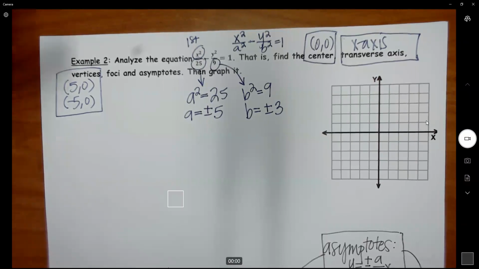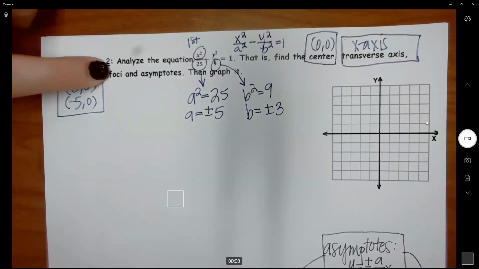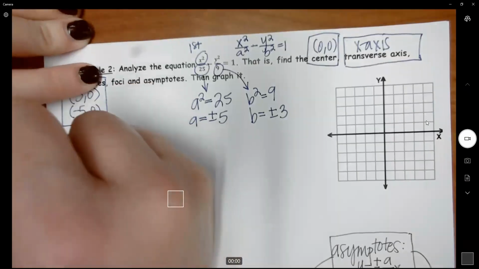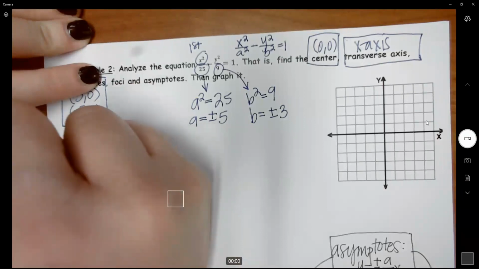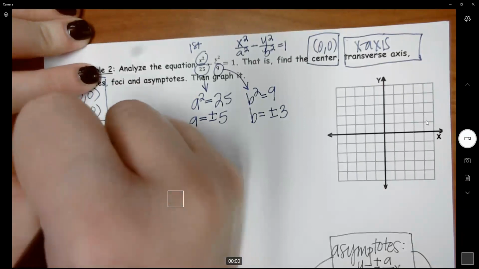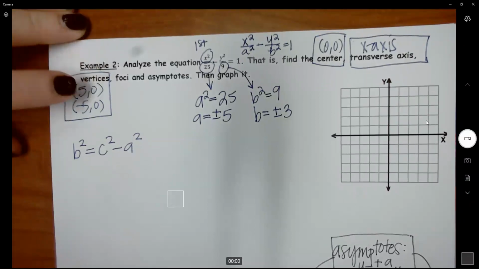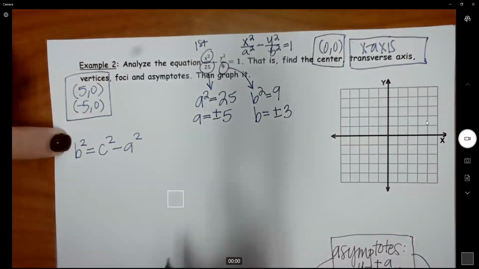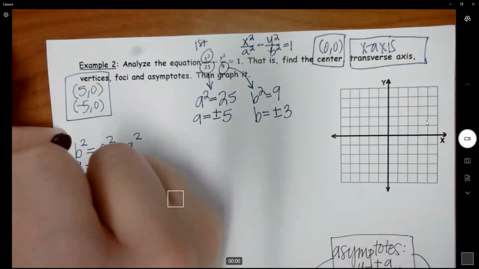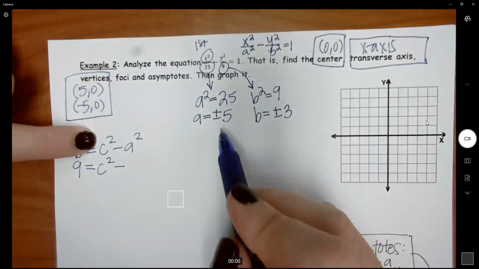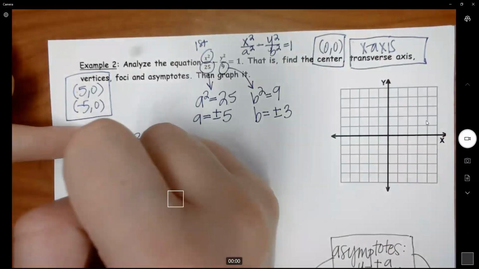Okay, that does not give me my foci because my foci is represented by c. So to get my foci, we will use the formula b squared equals c squared minus a squared. So my b squared is 9. I don't know c squared, minus my a squared, which is 25.